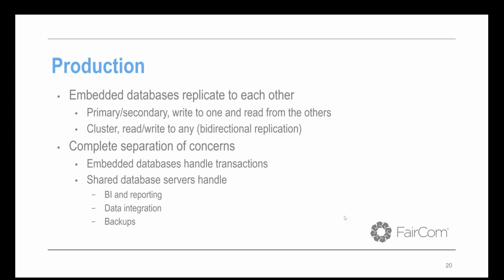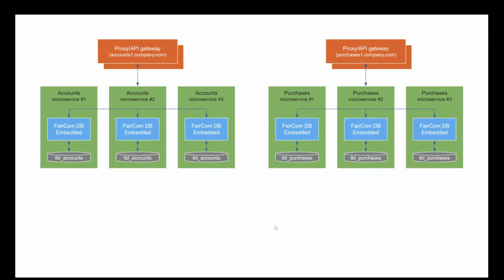We can do those on the database server in the back end, and data integration, right? A couple of good examples. So it looks a little bit like this. I picked two examples of microservices here, since I only have so much room on the slide: we have an accounts microservice, and we have a purchases or orders microservice. And there are three of each for high availability.